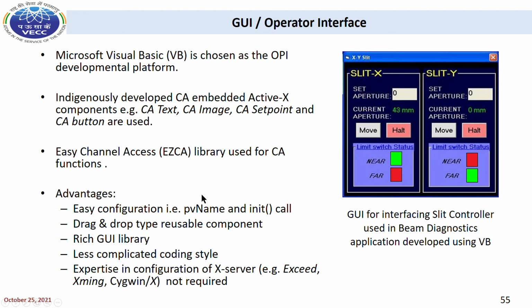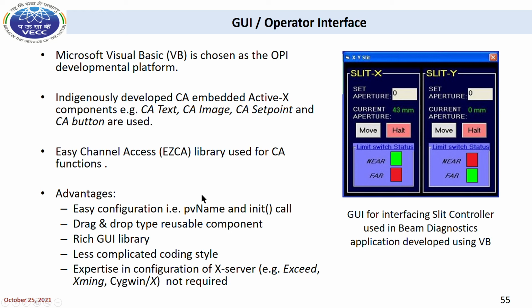So EPICS provides library functions that can be integrated into the graphical control components available in the Visual Basic IDE. Channel access is embedded in Visual Basic components like text, image, command button.